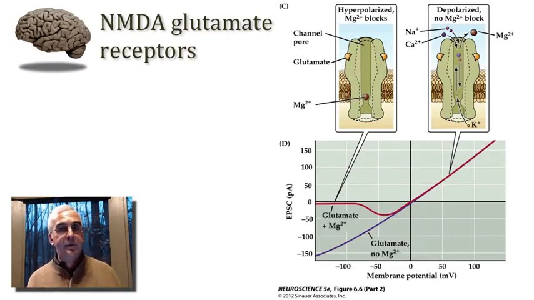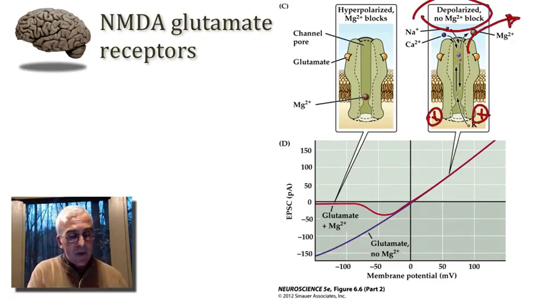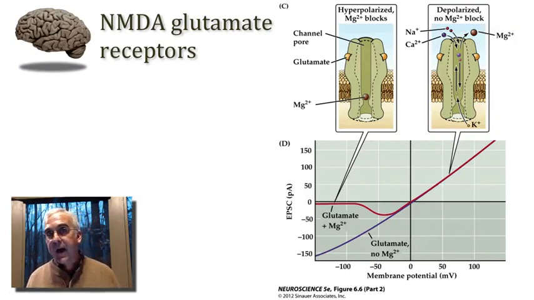However, it's possible to get rid of that magnesium, and the way that happens is by depolarizing the membrane. So if the inside of the cell becomes more positive, that positivity can expel this magnesium ion out from the pore of the channel. When that happens, now the cations that can pass freely through the selectivity filter of the channel are free to do so.